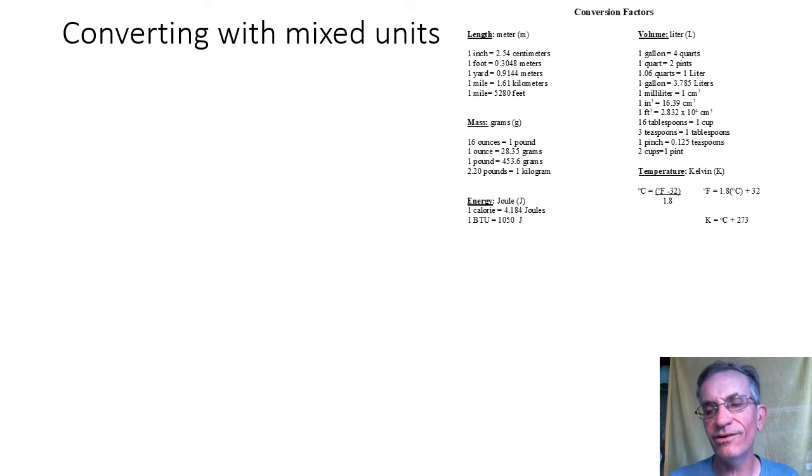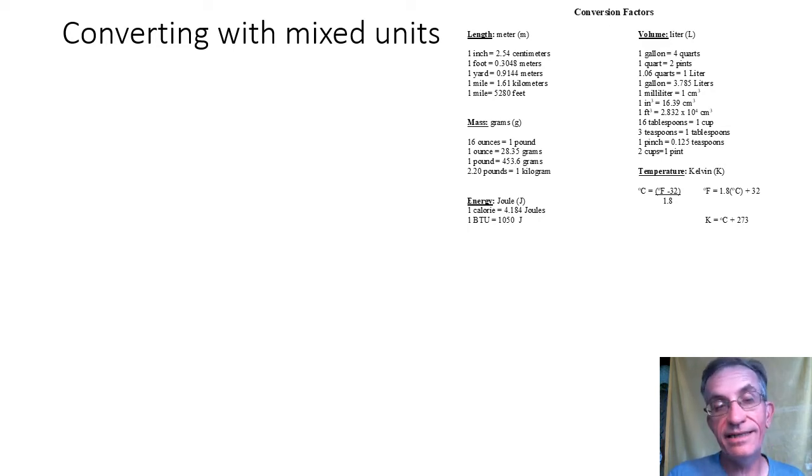A mixed unit, what I mean by that is really some numbers have two units on them. Like for example, I drive a Honda CRV. When I look down at the dashboard to figure out what kind of economy I'm getting, there's a little readout that tells you, as I drive down the road, I'm getting so many miles per gallon.